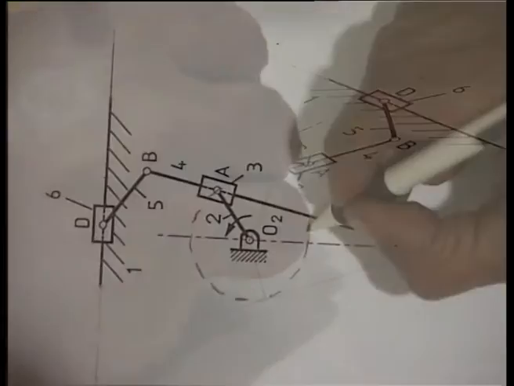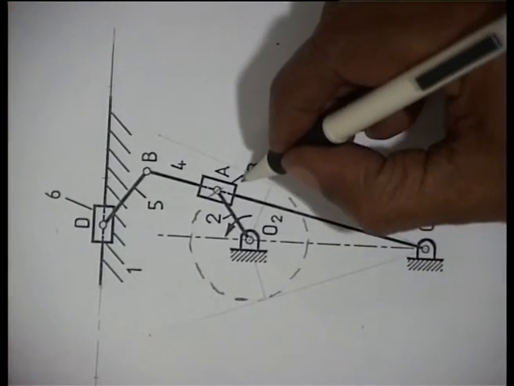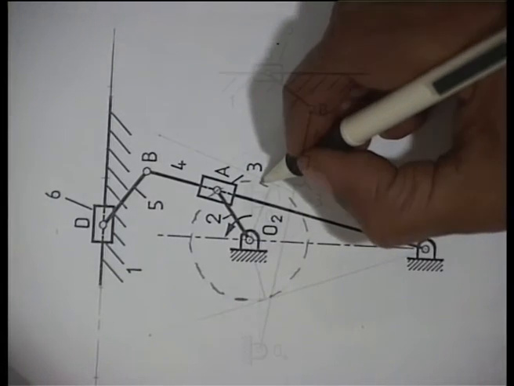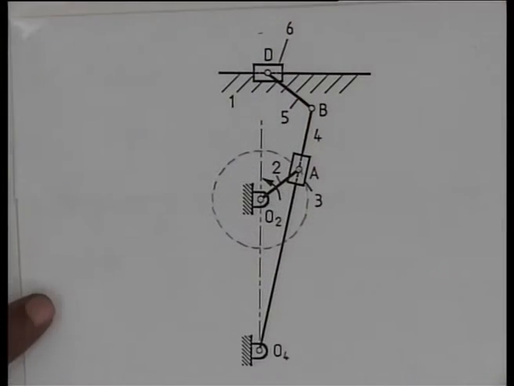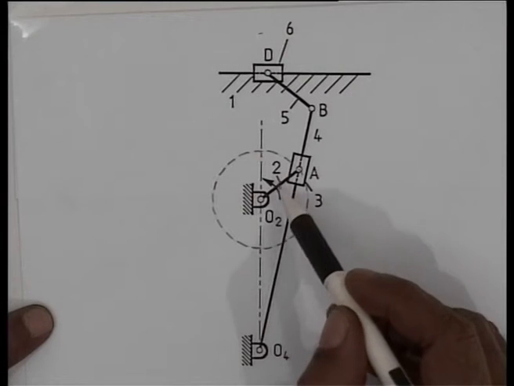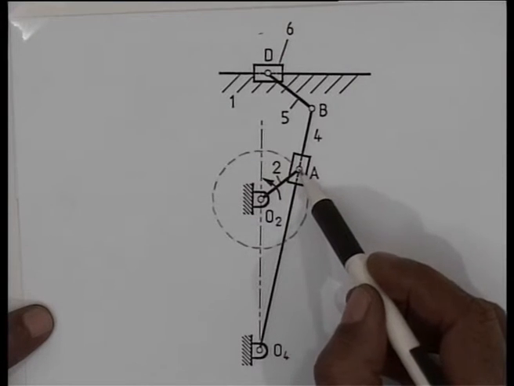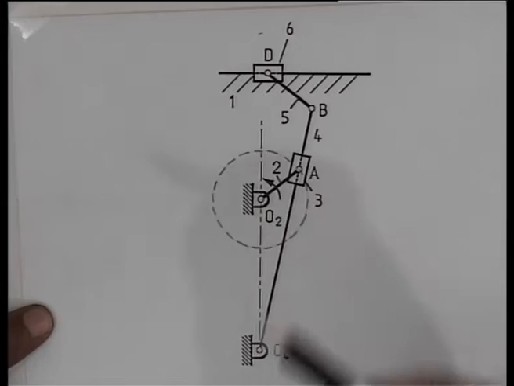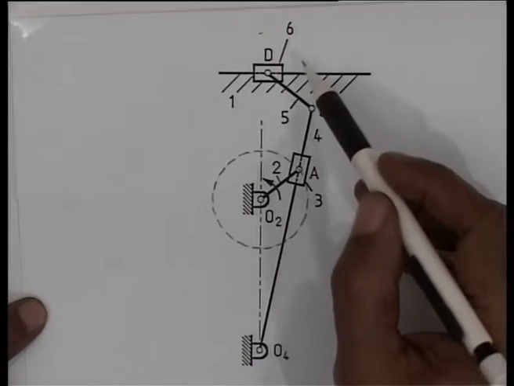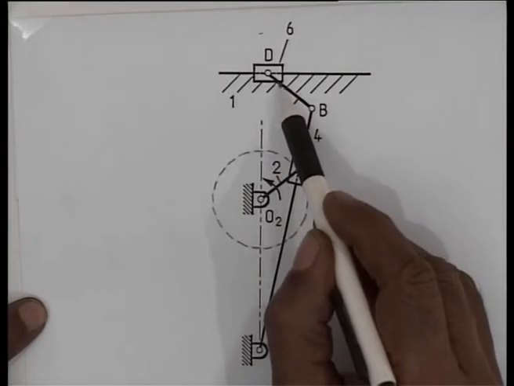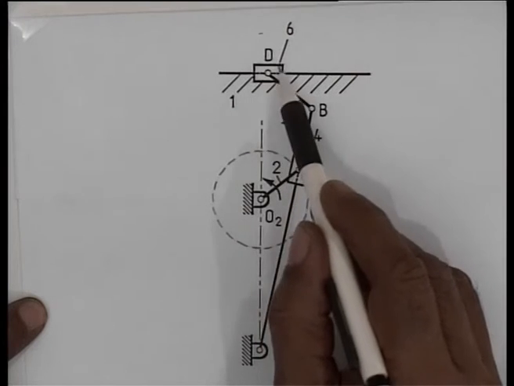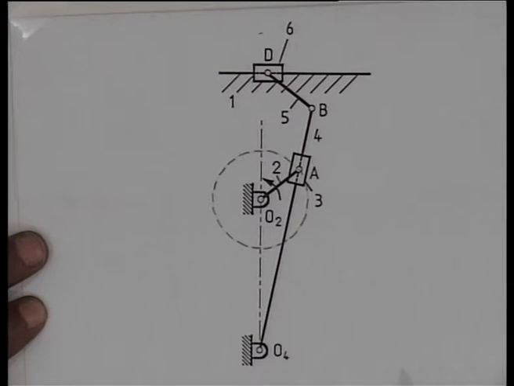Let us now return to the kinematic diagram of the same slotted lever quick return mechanism, in which link 2, that is this line O2A, represents the bull gear or the input link, and link 6, that is this block at D, represents the tool holder or the cutting tool.